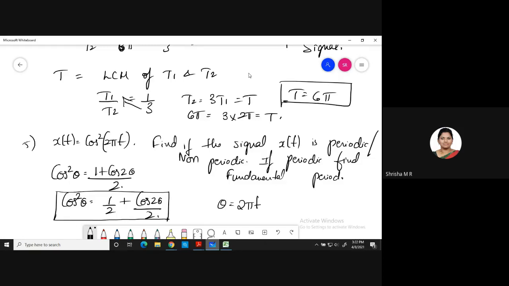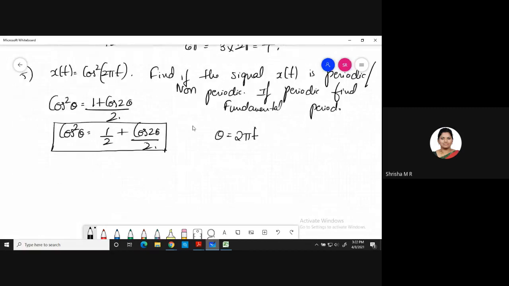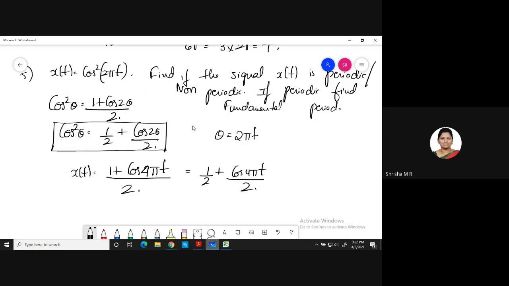So what is your x of t? x of t is 1 plus cos of 2 into 2 pi t, so you get 4 pi t, divided by 2. You can split this and write it as half plus cos 4 pi t by 2. So this is your x of t.